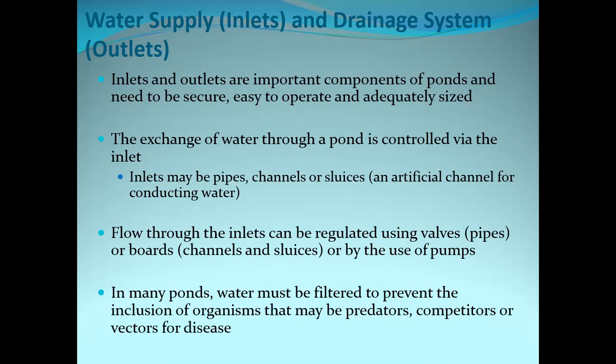It could have other fish, shellfish, crayfish, etc. living naturally in there. And these things can be vectors for disease. So you can have fish with parasites or disease, etc. And when you allow that water to flow into your ponds, if those organisms enter into your ponds, they could come in contact with your fish and spread their disease to your fish.